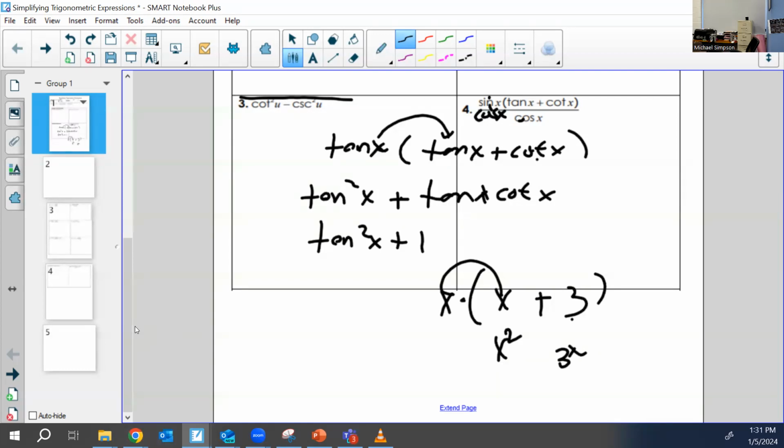So what is it equal to? Oh, I'm missing the 1 right here. 1 plus tangent squared is equal to secant squared. Good.